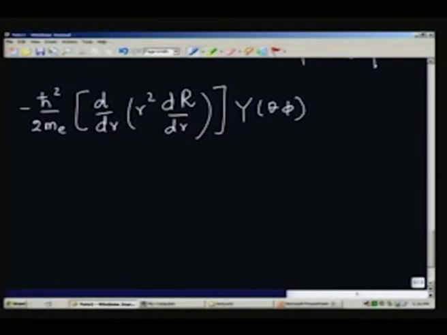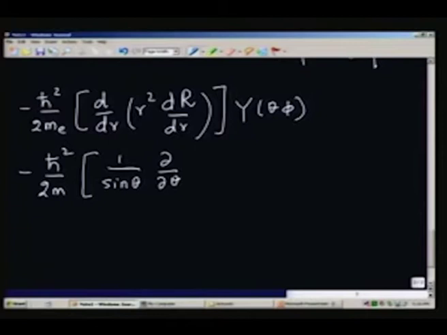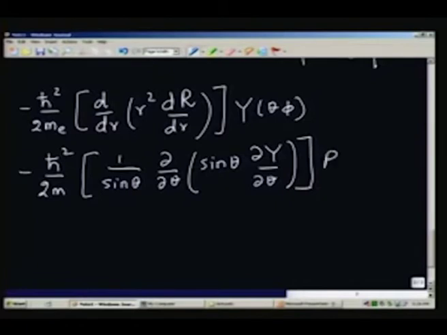Now if you do the same thing for the next term, what you have is minus h bar square by 2me. Since we have multiplied by r square, we have only 1 by sin theta. Now this is a ∂/∂θ. Since the function Y is a function of both theta and phi, we will write this as a partial derivative ∂Y/∂θ, meaning that the phi part will be kept constant. And of course this will be multiplied by the radial part.